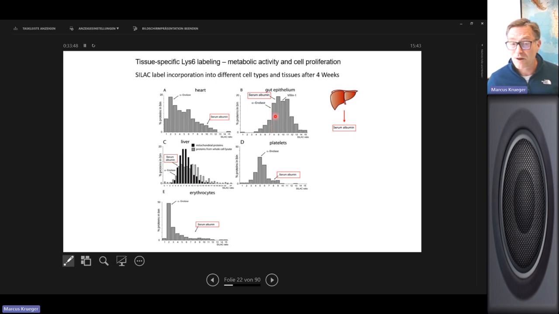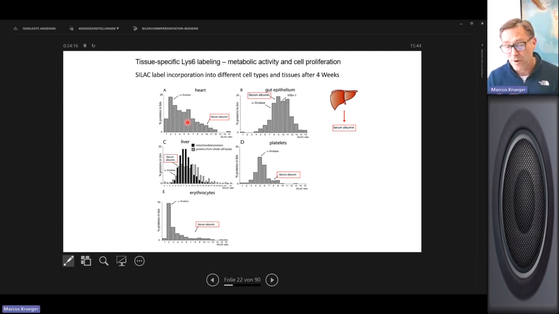Here you have heavy labeling because the gut epithelium has a proliferation rate of every 3 to 4 weeks, whereas the heart is mainly postmitotic. So in cardiomyocytes there is no proliferation, or really only minor proliferation. The same is true for the liver, where we have a much higher incorporation compared to the heart. That allows you to study incorporation in different tissues.